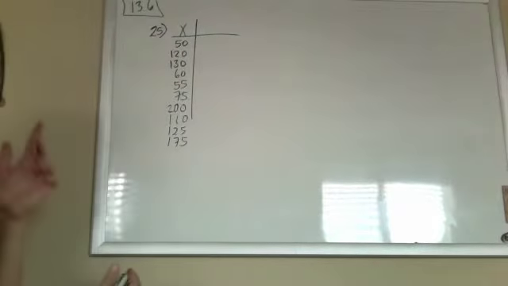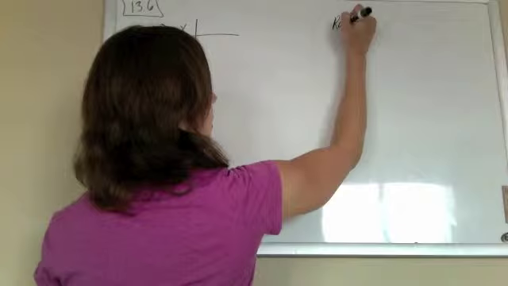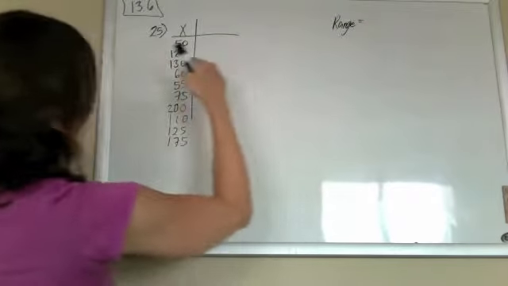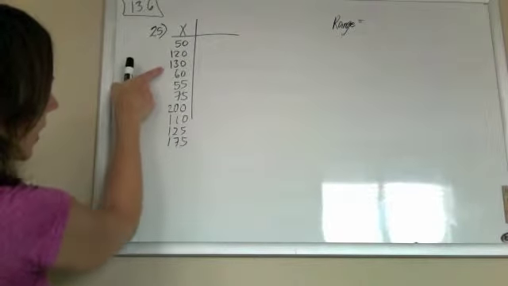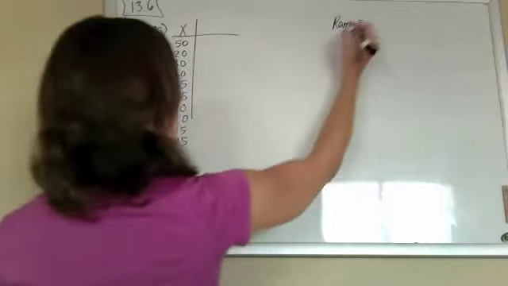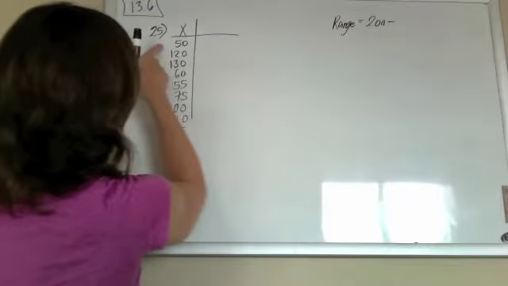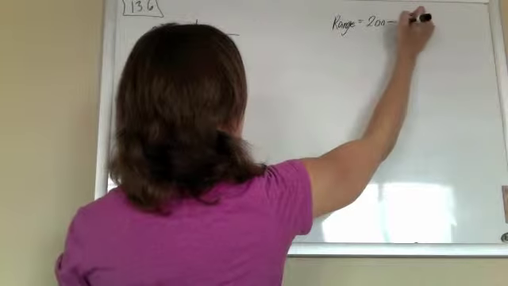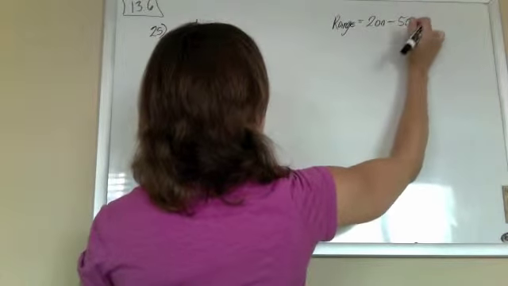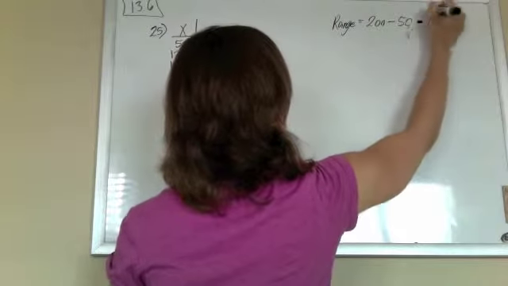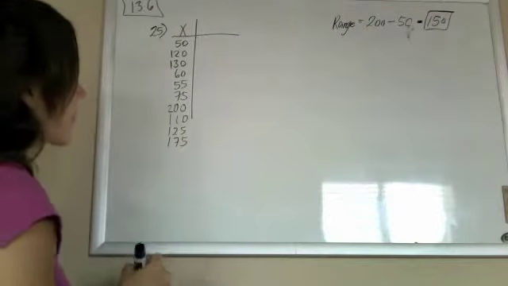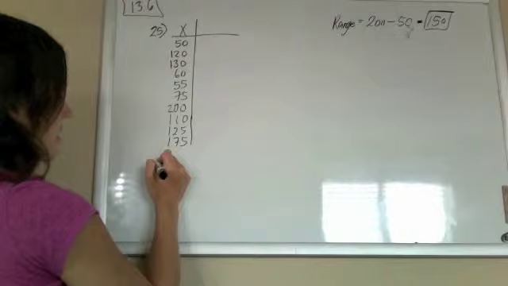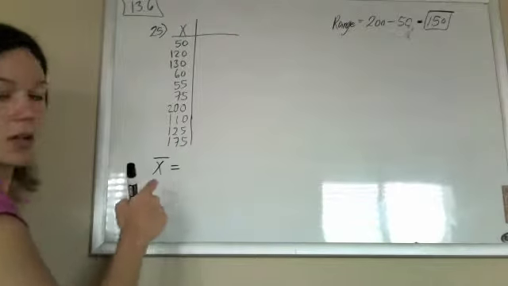And again, they just want the range and the standard deviation. So the range is the highest minus the lowest. So the highest we see here is 200. And the lowest value we see is 50. So 200 minus 50 gives you a range of 150. And then to start finding our standard deviation, we first need to find the mean.